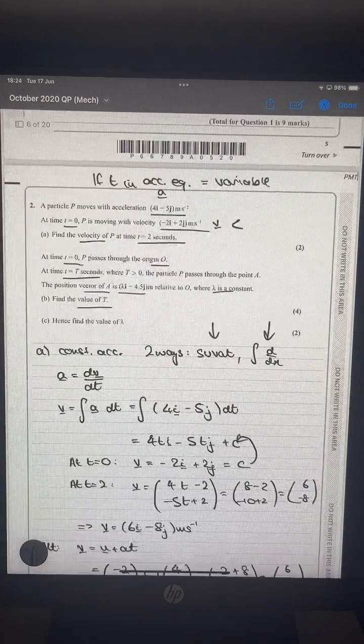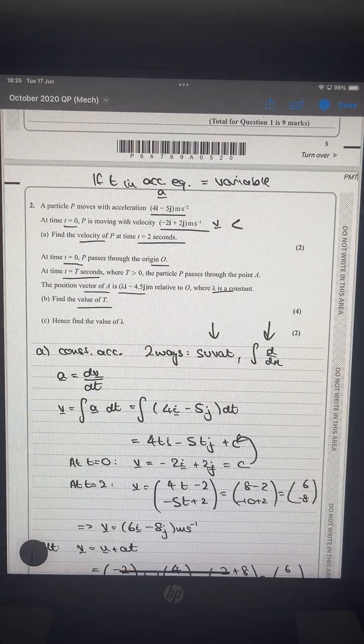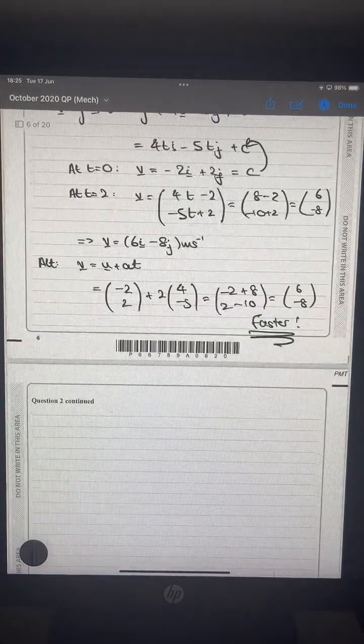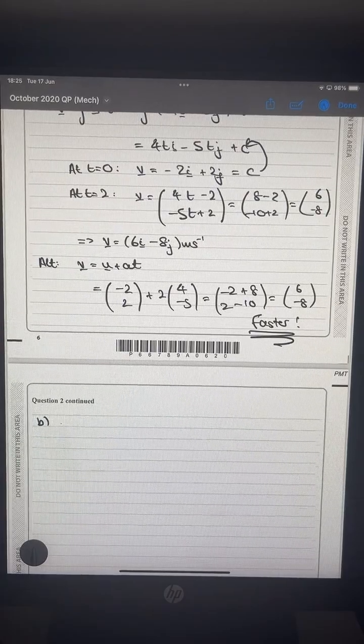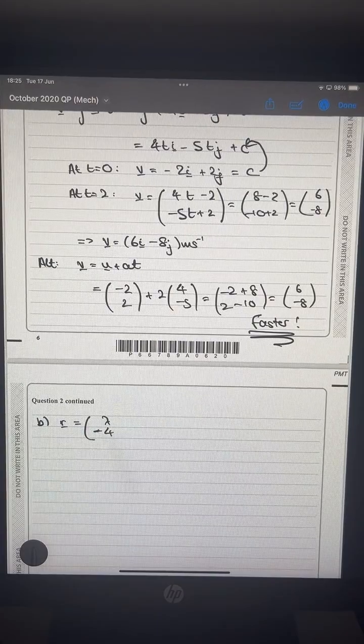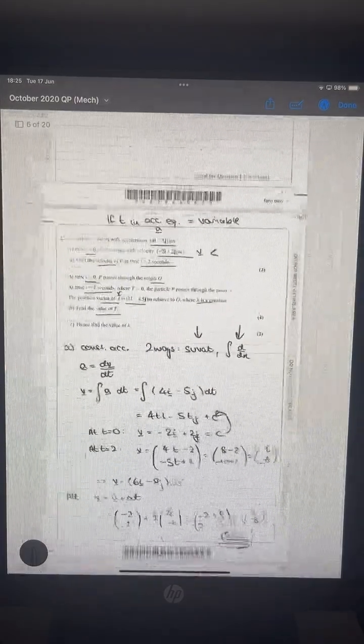So, here, what information have I been given? I have been given a position vector, which is r. So I'm just going to write that down because all those words are kind of confusing. So if you just put r is equal to lambda, negative 4.5, and that's its position vector, right? So how am I going to do this?